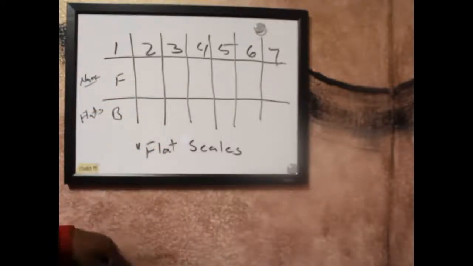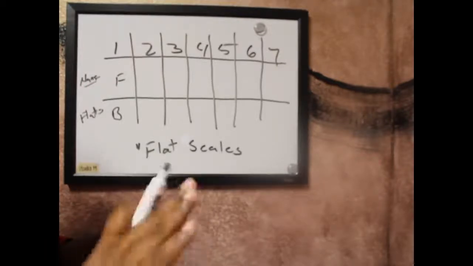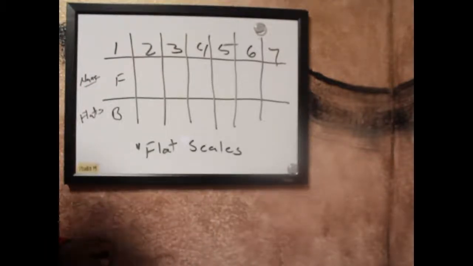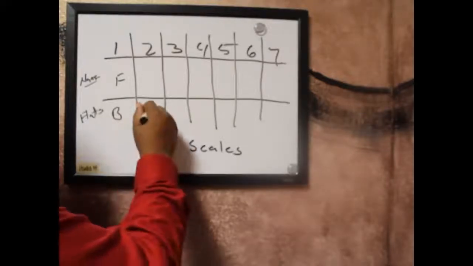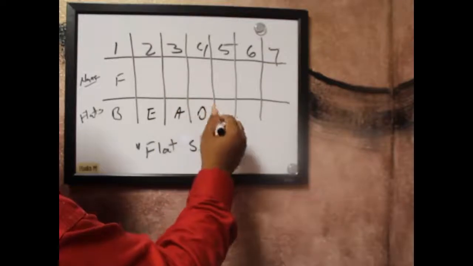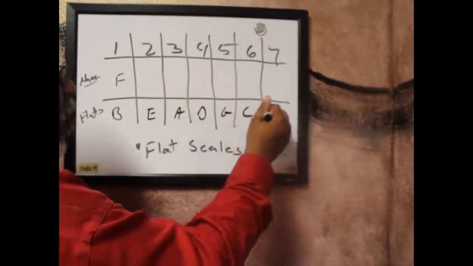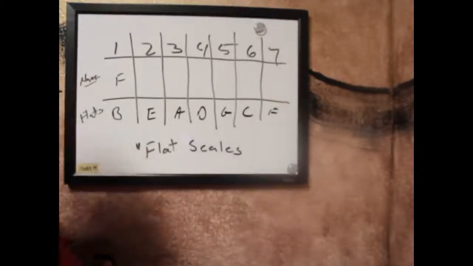Now, if you remember what I'm about to tell you, that there is a specific order for the flats. They come on the staff in a very specific order, and that order is B flat, E flat, and then A flat, D flat, G flat, C flat, and F flat.